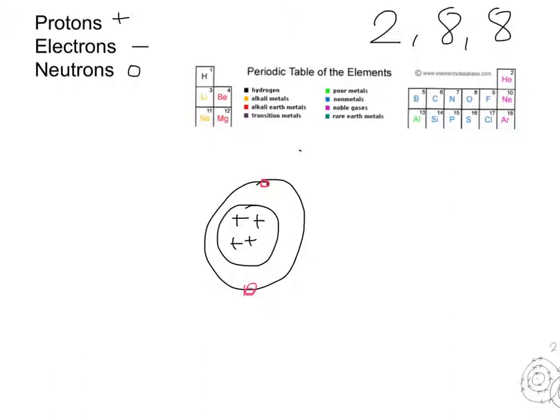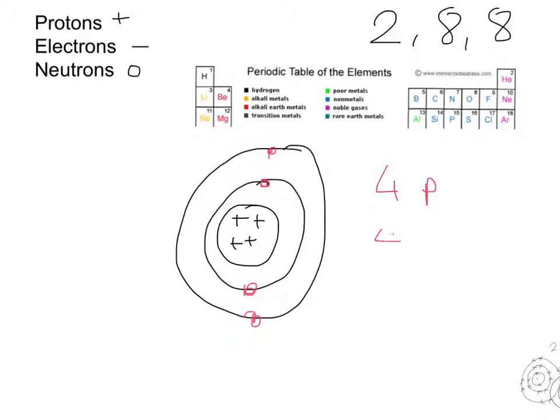And in the next shell we'd have 2 more electrons. 1, 2. Now as you can see that these add up to the 1, 2, 3, 4. And we have 1, 2, 3, 4. So the number of protons and the number of electrons are balanced. So 4 protons and 4 electrons.